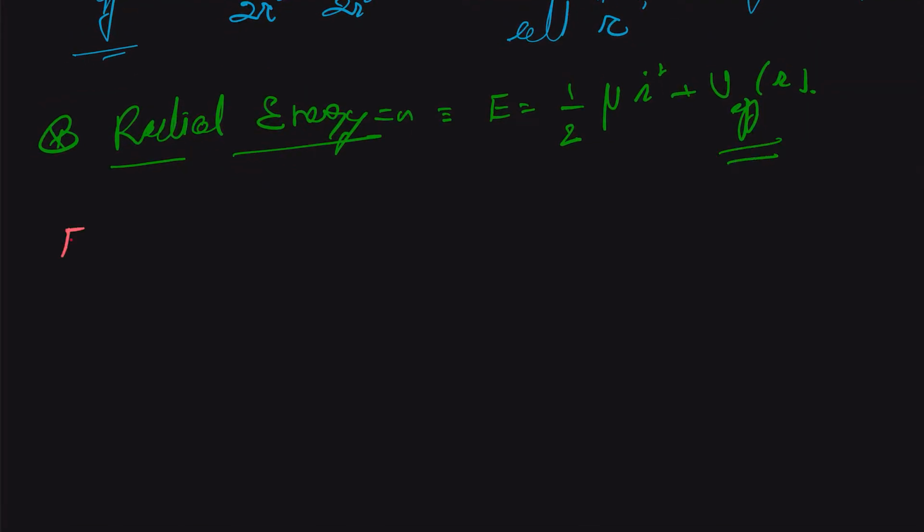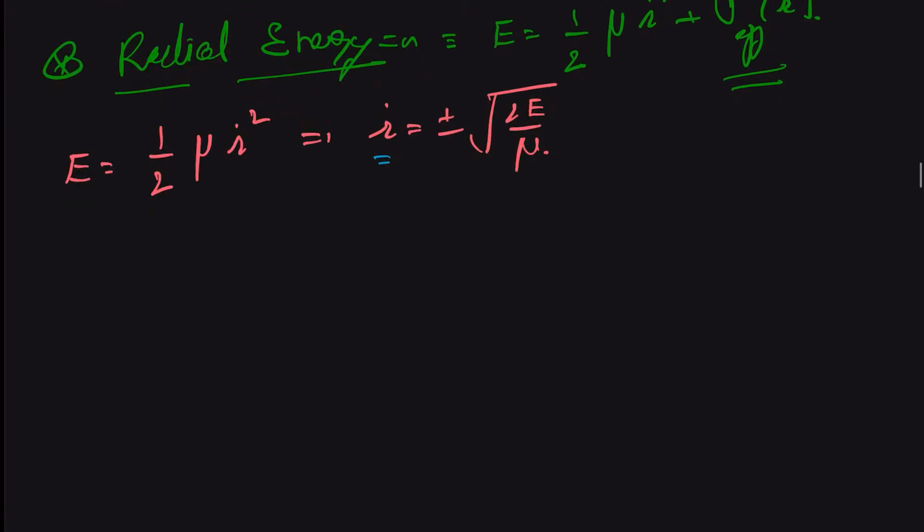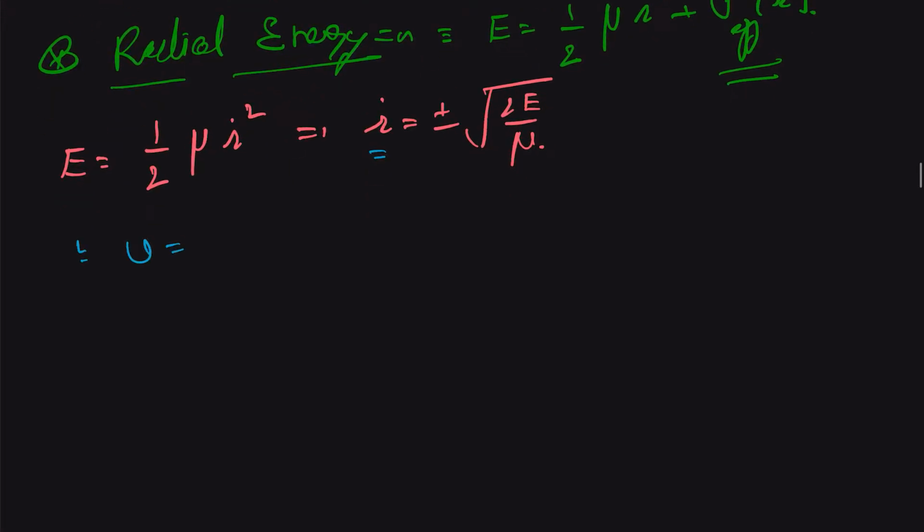Therefore from here we get the radial energy E equal to half mu r dot square, and from here we can say that r dot is equal to plus or minus the square root of 2E divided by mu, which is nothing but the derivative of r, our velocity. Therefore we can say that v is equal to, if we take the value greater than 0, the square root of 2E upon mu.